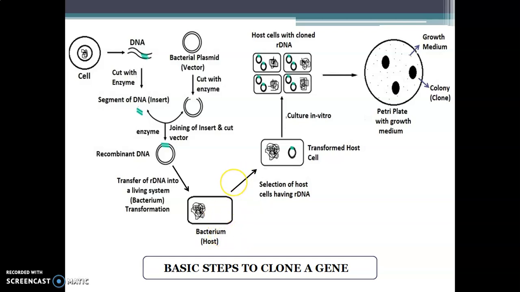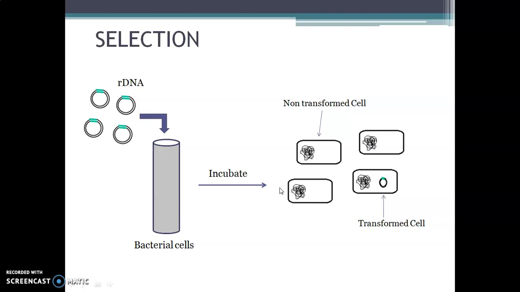The next step in the gene cloning experiment is the selection of host cells which have received the recombinant DNA. So to understand this particular step, we have to look at this figure. While introducing the rDNA inside the host, we have a suspension of bacterial cells, and in that suspension we mix the rDNA molecules.